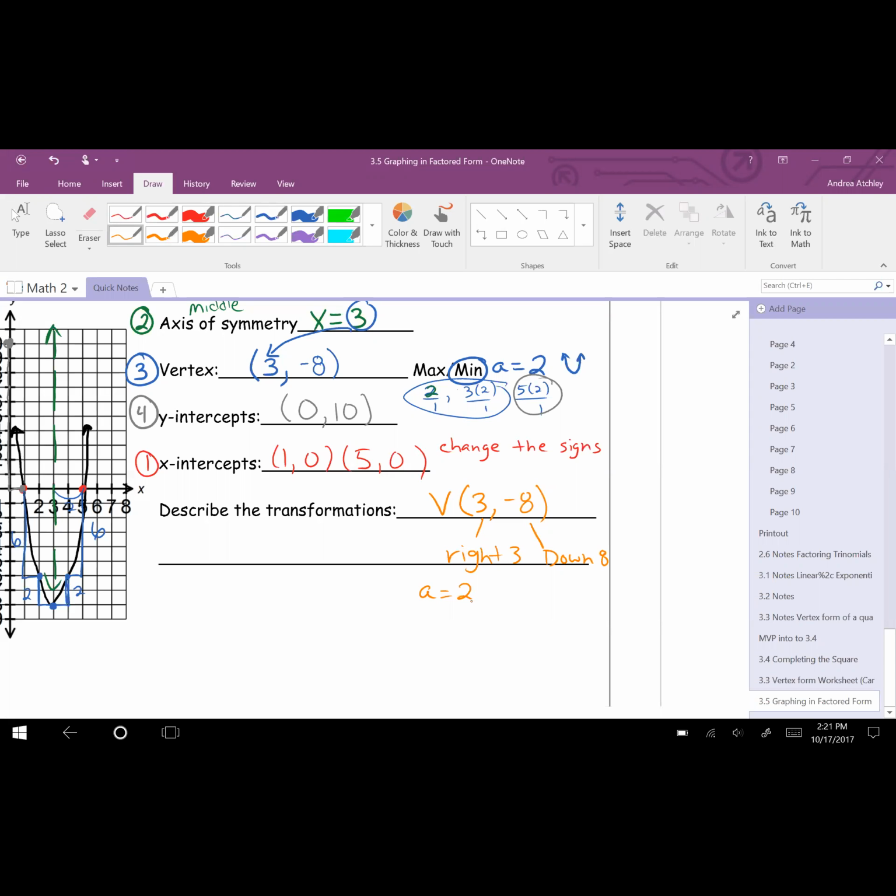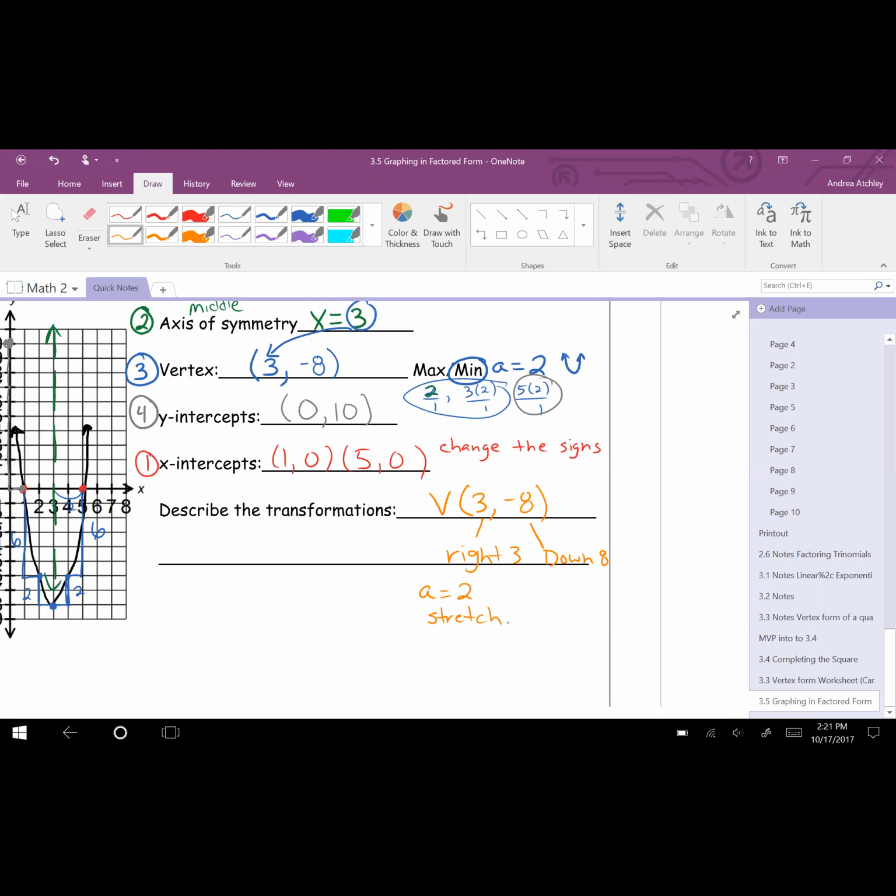The 2 will help me find it, but yep. Stretch or shrinking. If I'm stretching my parabola, making it thinner, or if I'm shrinking it down and making it wider. Do you remember what the 2 does? No? Anyone want to help him out? Yeah. It's a stretch. The 2 is greater than 1, so this is a stretch. If it was like 1/2, then that would be a shrink. Any questions over that? Okay.